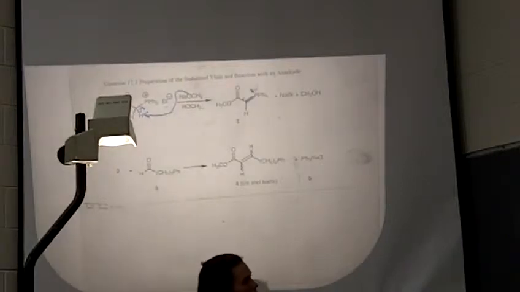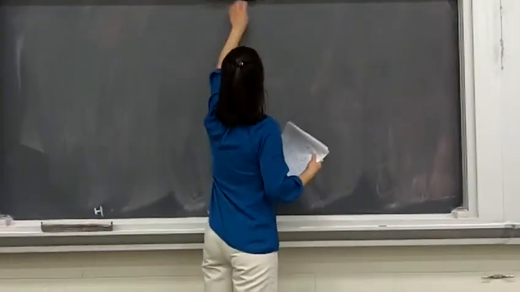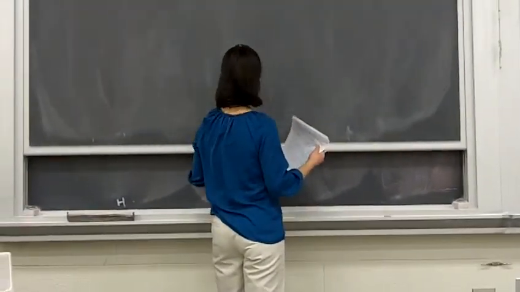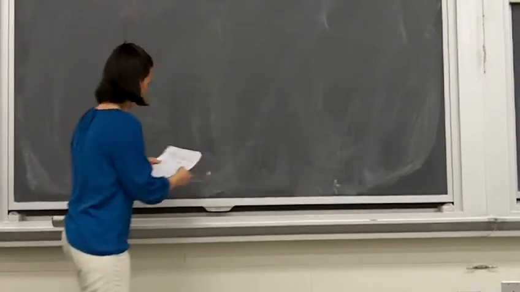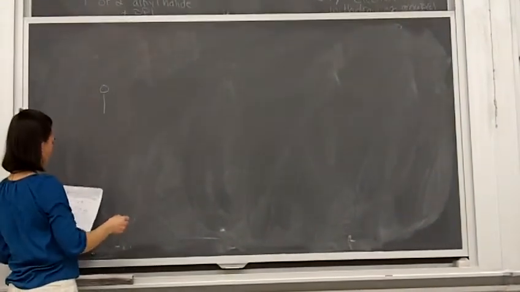Okay? Now let's think about the betaine that would form between here and here, okay? So it's going to start just like our other guy. We've got an oxygen here.